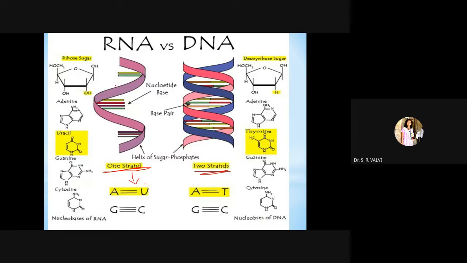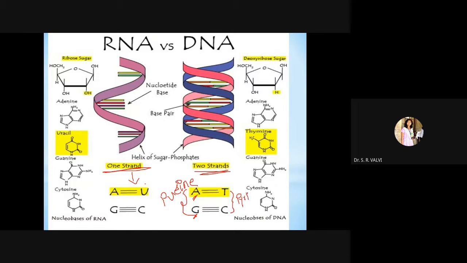In case of RNA, let me tell you first: A is adenine and G is guanine. These are purine bases. Whereas cytosine and thymine are pyrimidine bases.